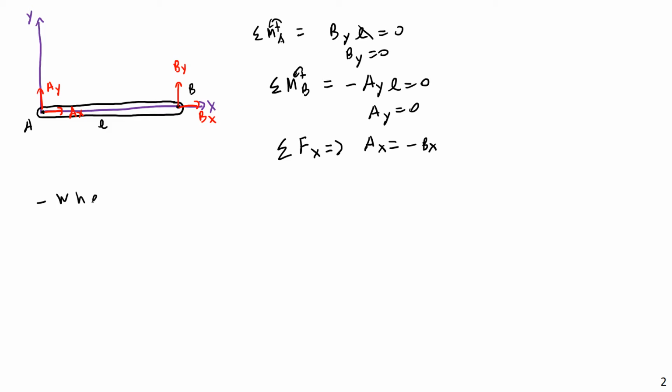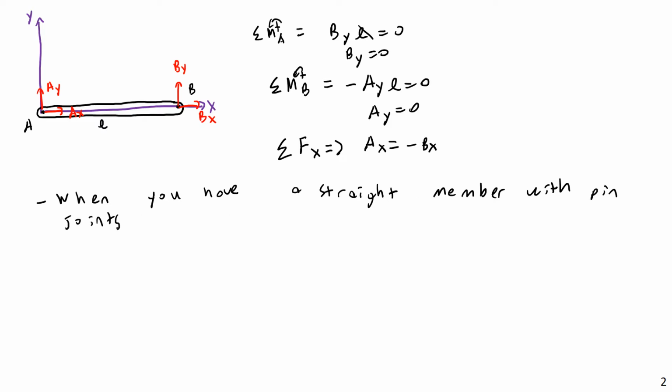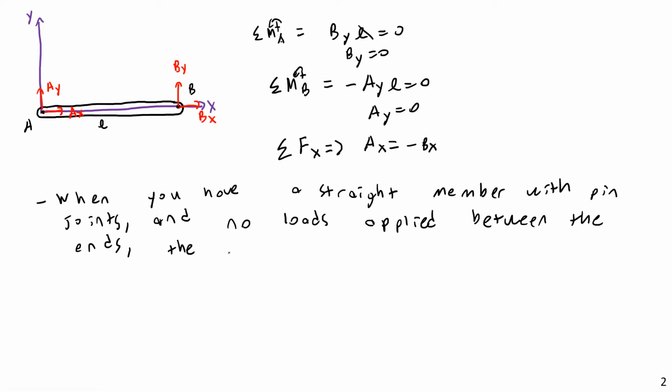When you have a straight member with pin joints, aka what I refer to as a truss member, with pin joints and no intermediate loads, or no loads applied between the ends, the member will carry only a single axial force.